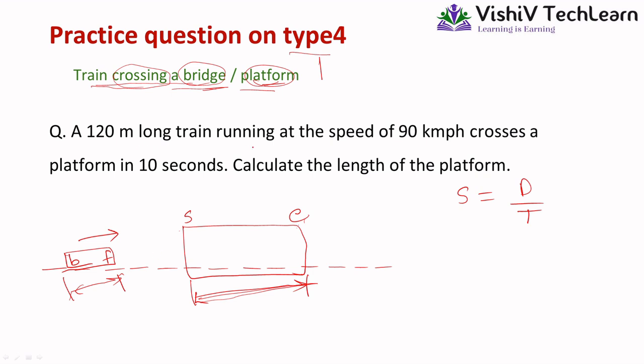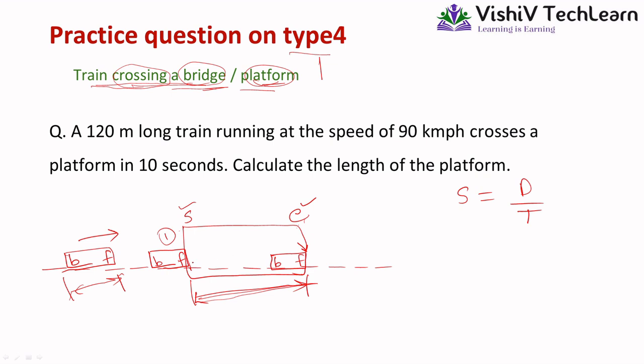So when the train is crossing a bridge, at the initial position the start of the bridge and the front side of the train will be in line. So this will be position 1, we can say. Then maybe when the train is here, this is back, this is front, the front side of the train is in line with the end of the bridge or platform.